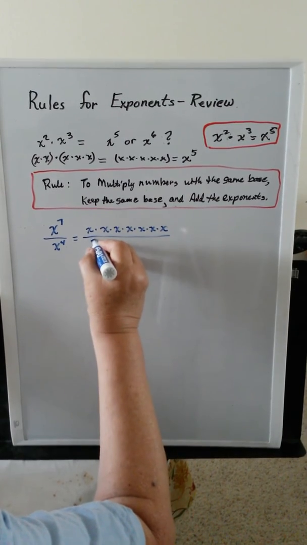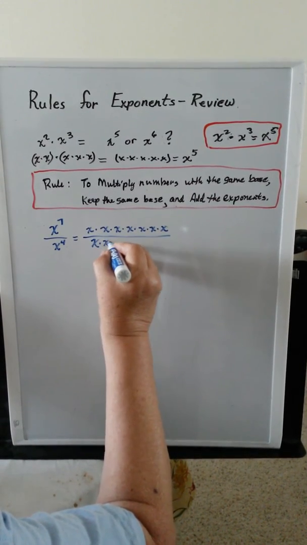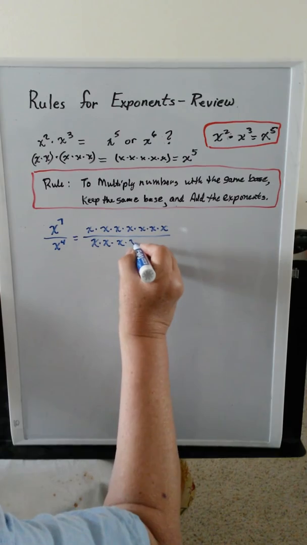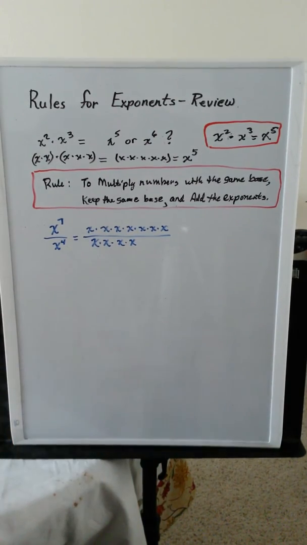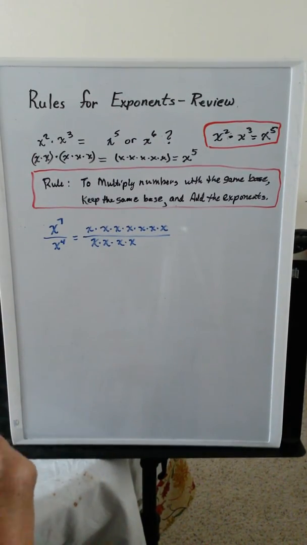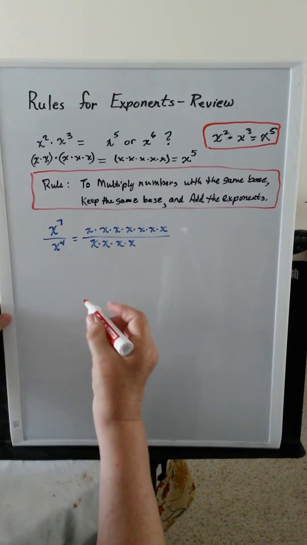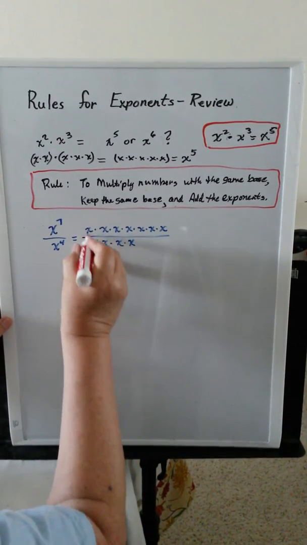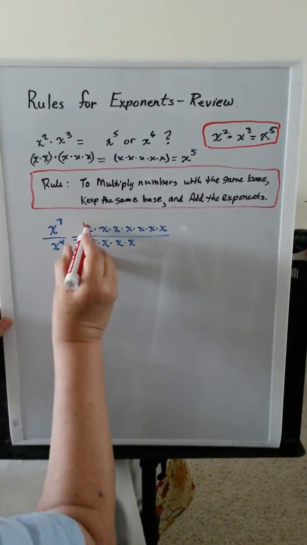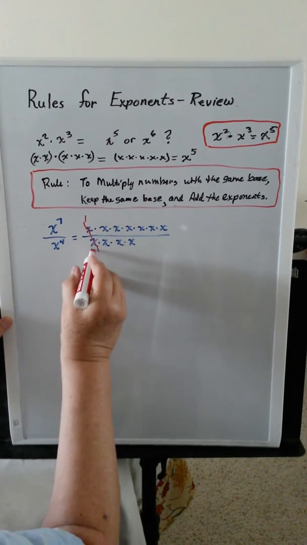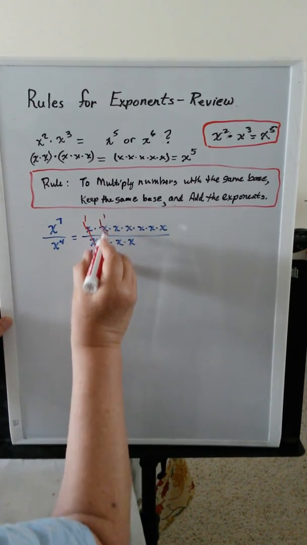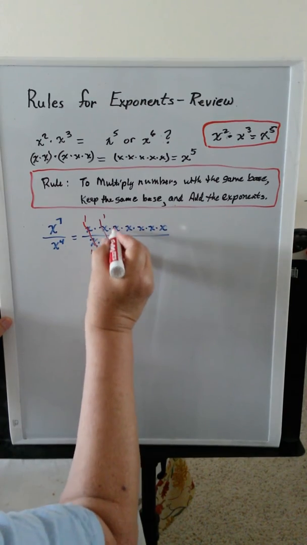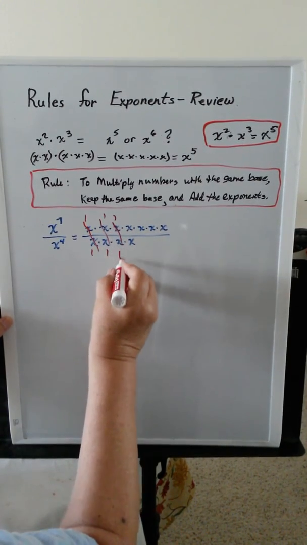And x to the fourth would be multiplied 4 times. As long as the numbers are all multiplied, there's no addition or subtraction involved, you can cancel. It's the idea of dividing. X goes into x once. I'm putting a 1 in both the numerator and the denominator.